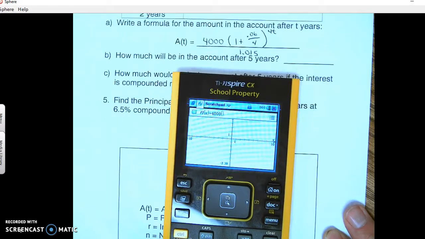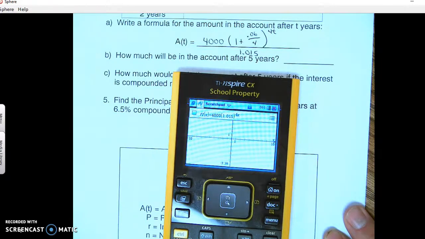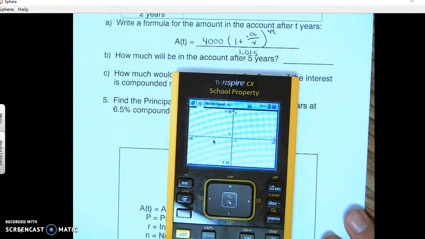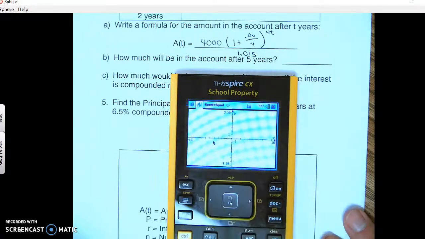And we found out that our base is 1.015 raised to the 4t. In this case, we use an x. It's our independent variable. Okay, enter. We don't need to graph this. If we were to graph this, we would need to set up a window here. So let's go ahead and do Control T.